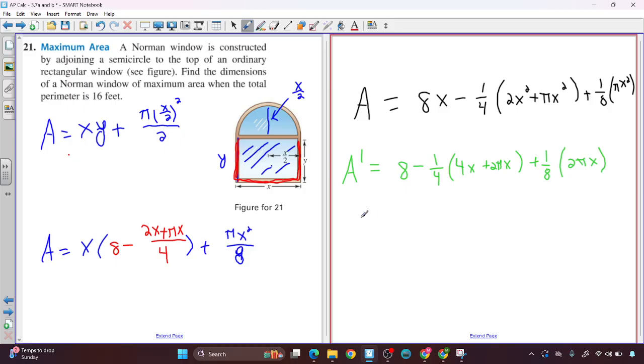Some things are going to combine here. So we want to set this all to 0. So 8 minus x minus 2 pi x over that, so pi x over 2, plus pi x over 4. We're setting this all to 0.